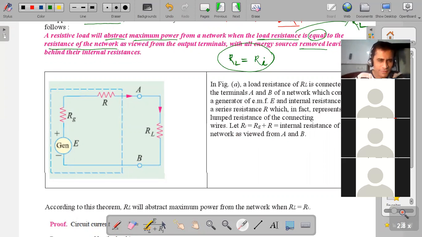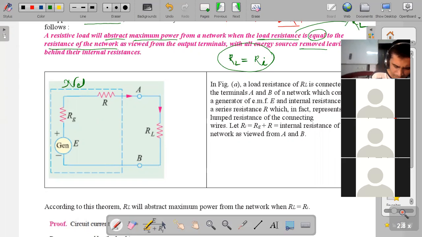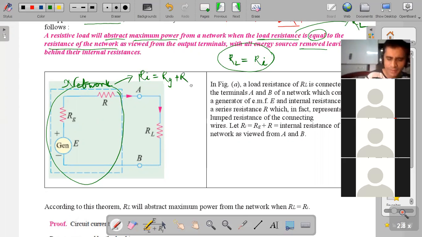See, dear student, this is the network, the dotted line. For this network, the resistance Ri is equal to Rg plus R. Why am I adding R?